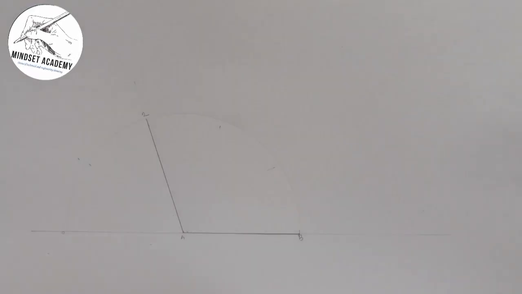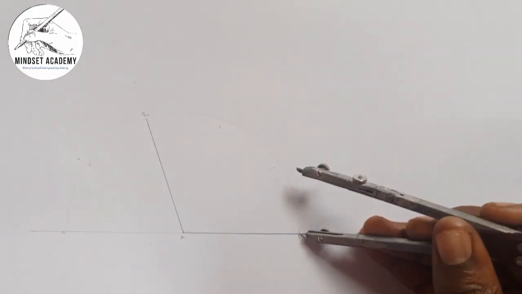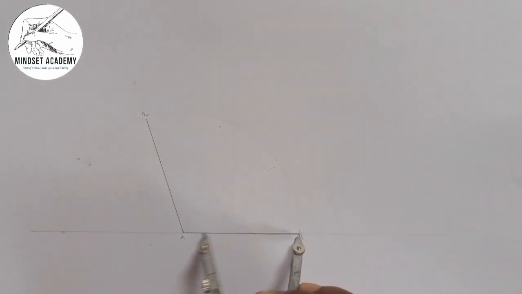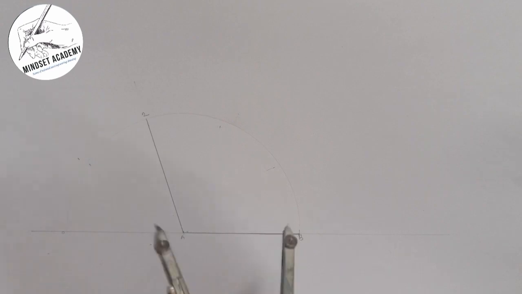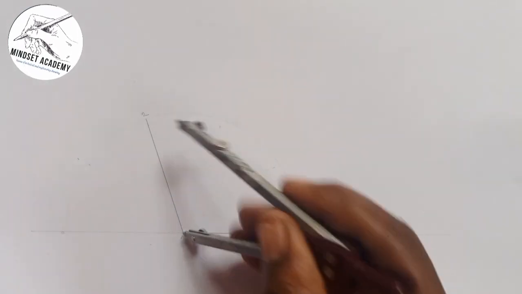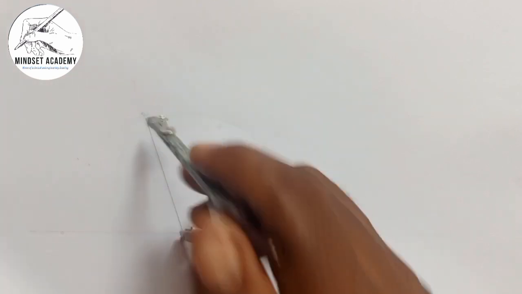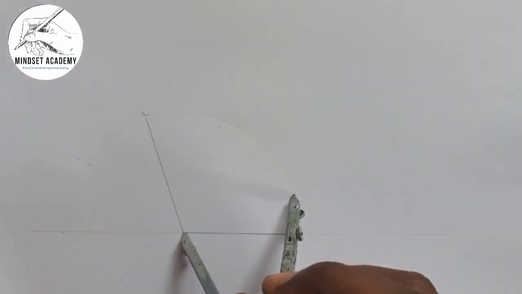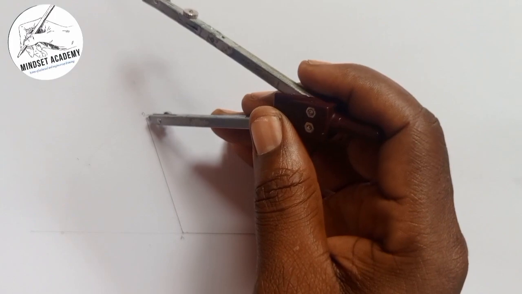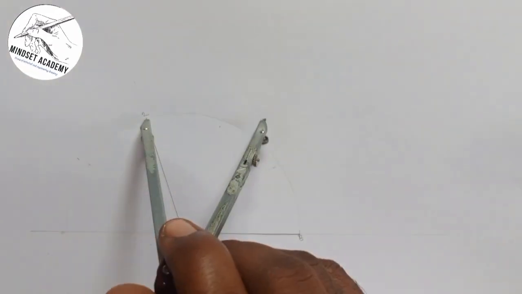What I'm going to do is bisect AB. I already told you how to bisect initially. So I can just come from here. I'll bisect A2 this way. Strike an arc. This is what we have. I'll come here also and strike another arc.